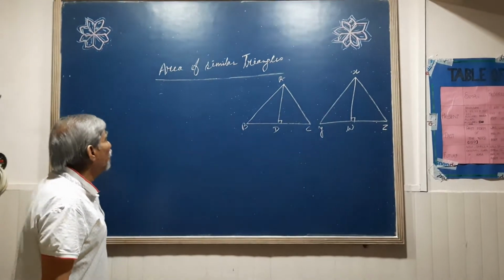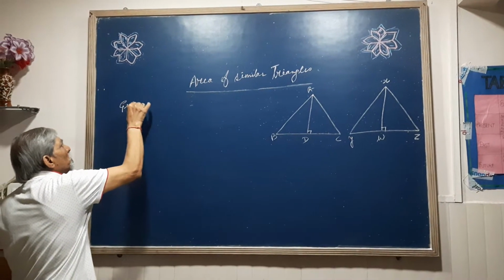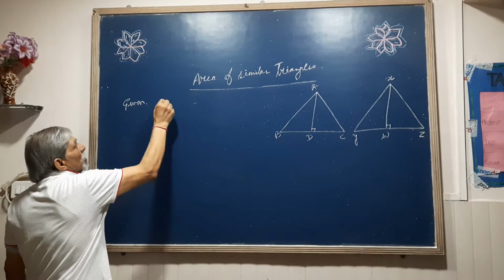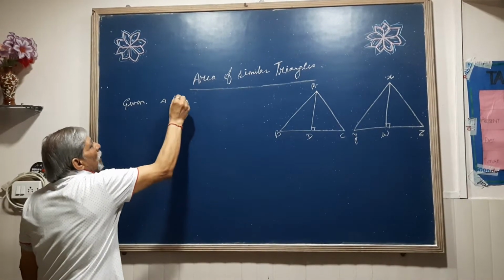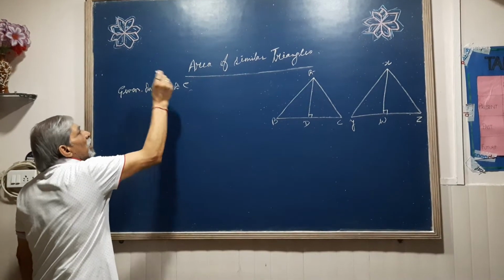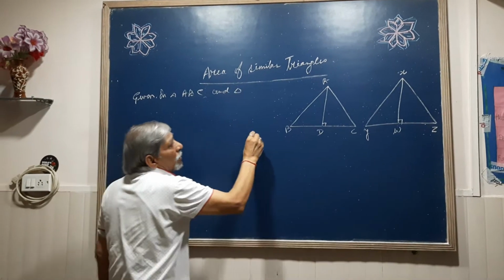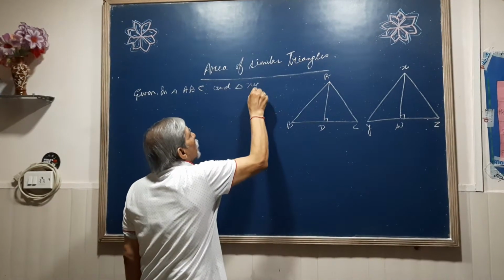If we write it, we can see actually, given is what? Given is triangle ABC and triangle XYZ.